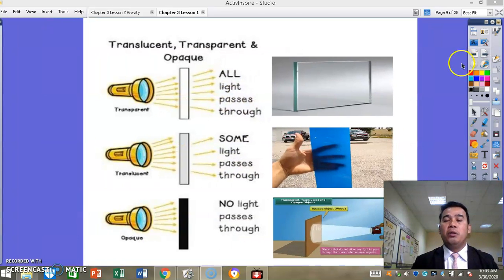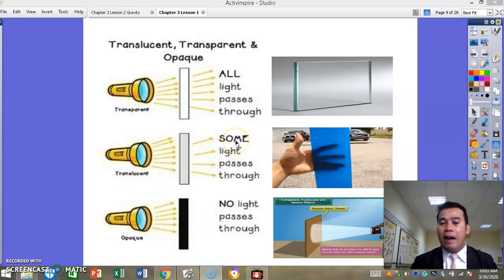To review our past lesson, we discussed how light moves. Do you remember the words transparent, translucent, and opaque? Transparent is when all the light passes through the object, for example, clear glass.